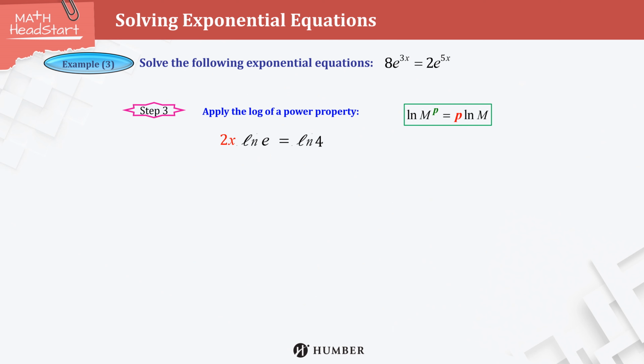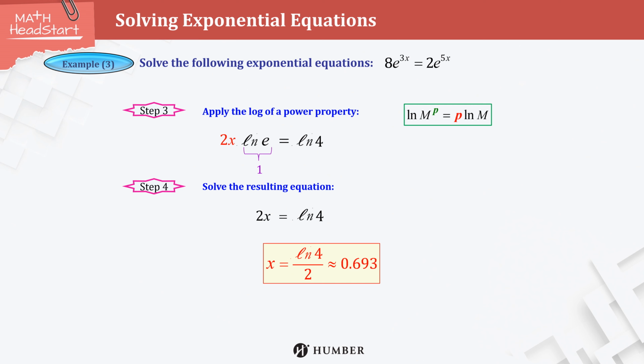Last step, we can finally solve for x. Since ln e is 1, we can rewrite the equation as 2x equals ln of 4. Divide both sides by 2 to get x equals ln of 4 over 2, or approximately 0.693.